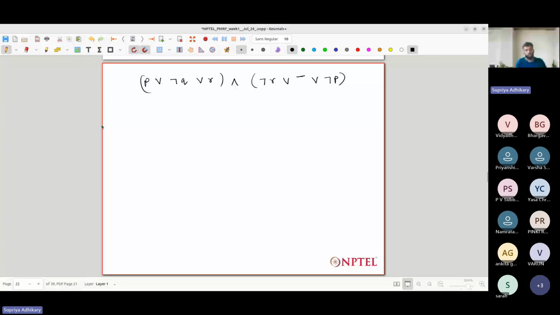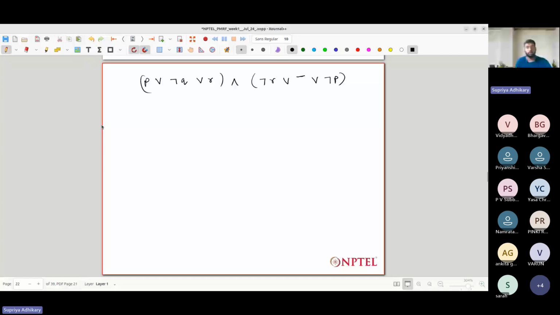Only in these cases where C equals C star is possible.